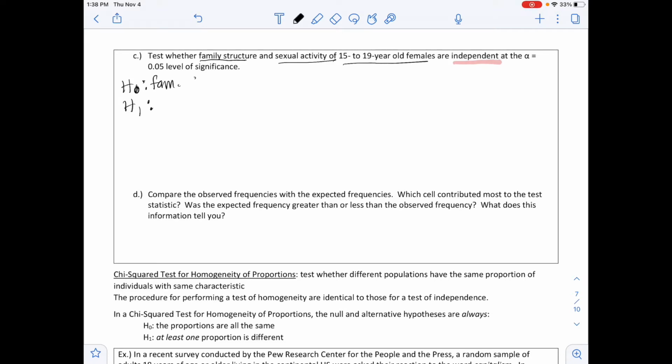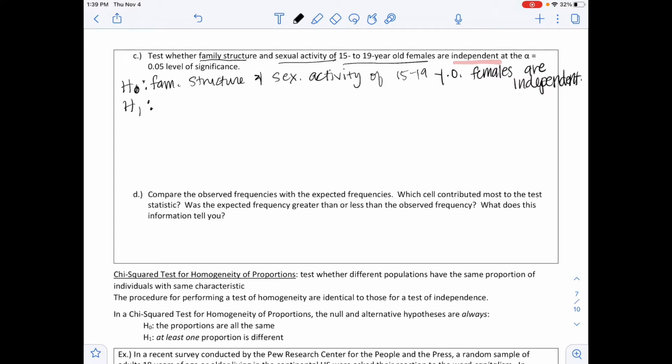So family structure and sexual activity of 15 to 19-year-old females are independent.